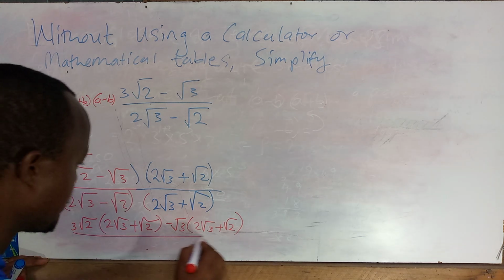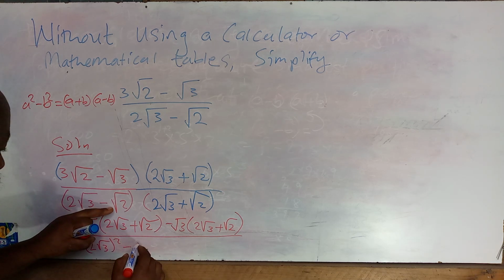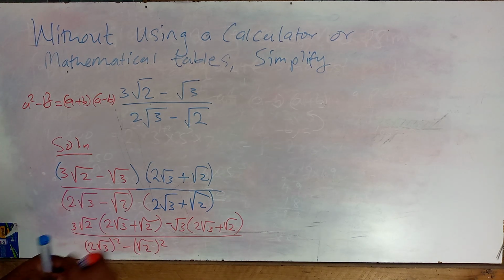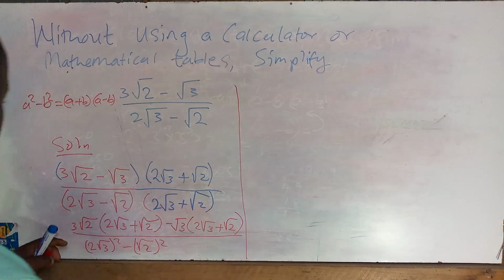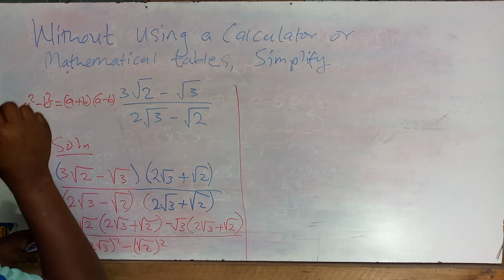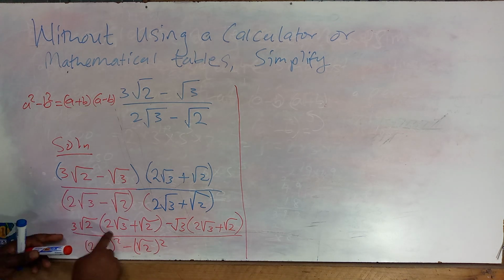So all over, this means 2 root 3 squared minus root 2 squared. We can now proceed and do this part.